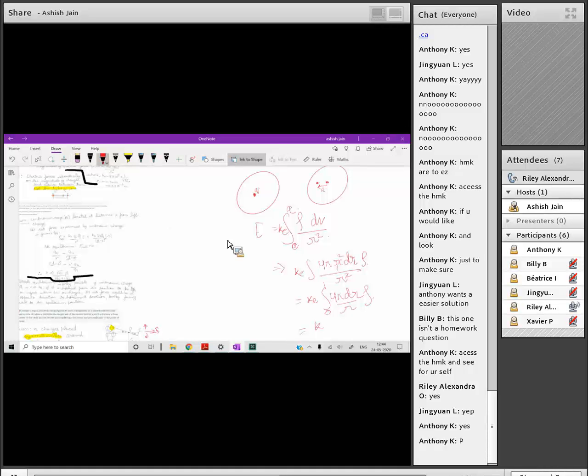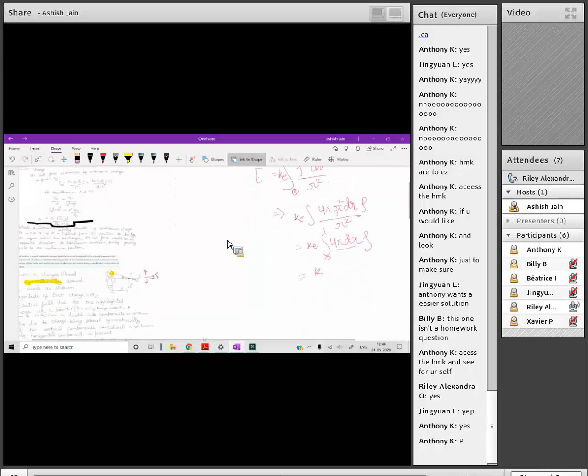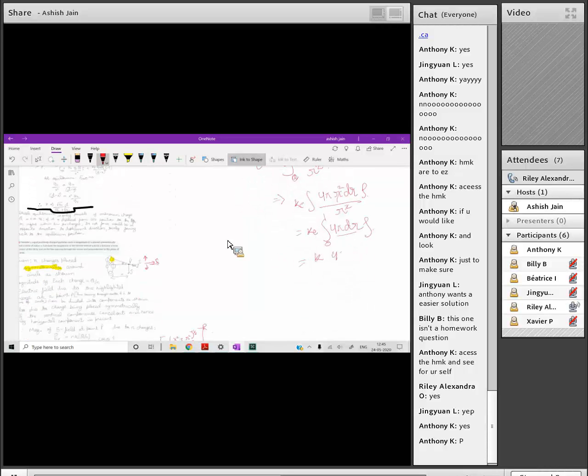That's 4 pi r squared. Sloppy mistake. And rho can be written as. I hope you saw this somewhere when you were doing the practice.